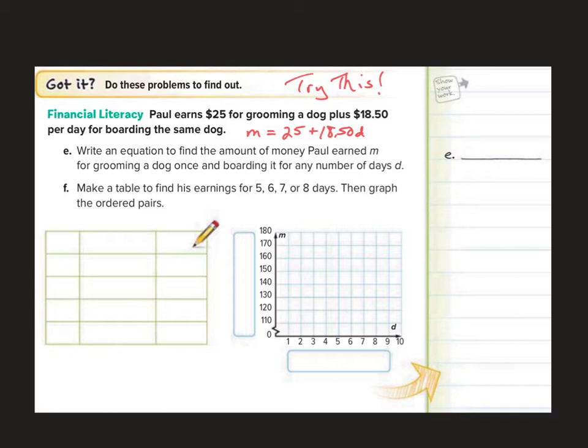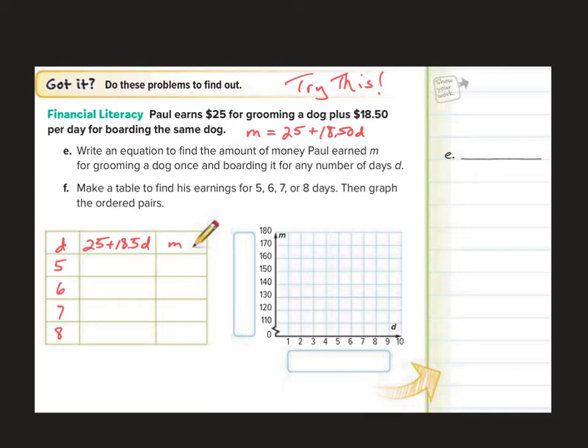So now let's make our table. Let's put D for days in the left-hand column, and then below that we'll write 5, 6, 7, and 8. We'll write our equation in the middle column, and that's 25 plus 18.5D, and then M will be the total cost in money.